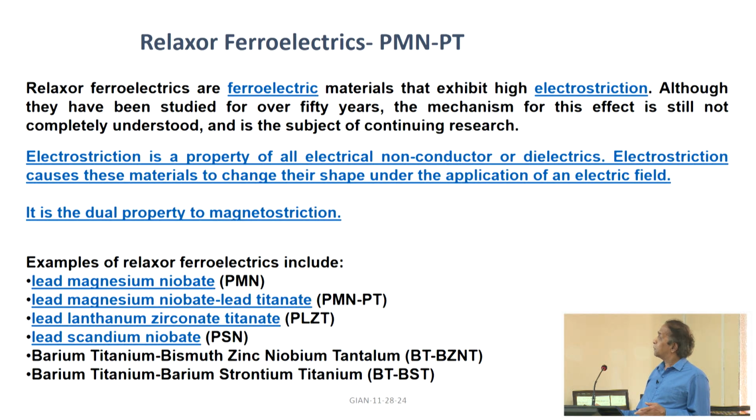not completely understood, and these are relaxor ferroelectrics, and they are characterized by a slow change from ferroelectric to paraelectric state. So, the transition is spread over a large temperature range. That is not the case for PZT or barium titanate.